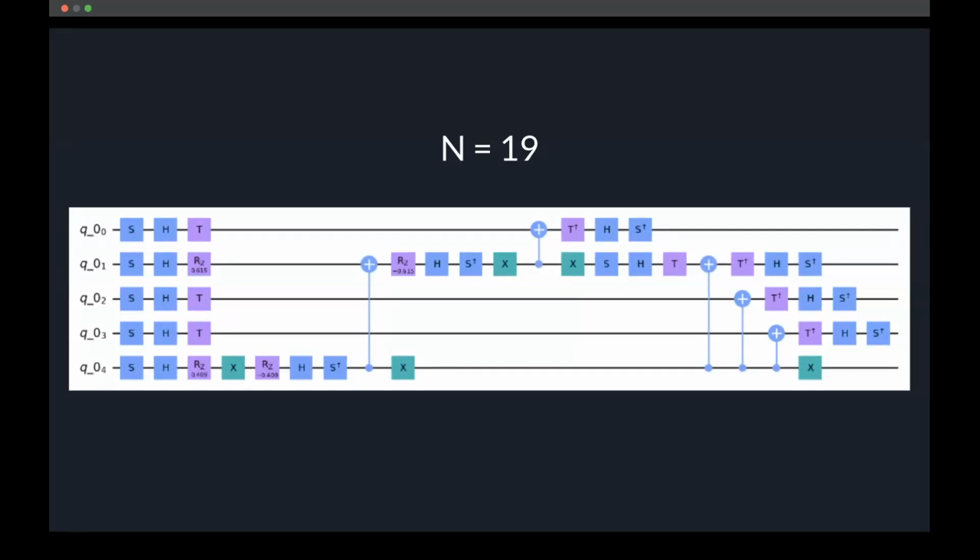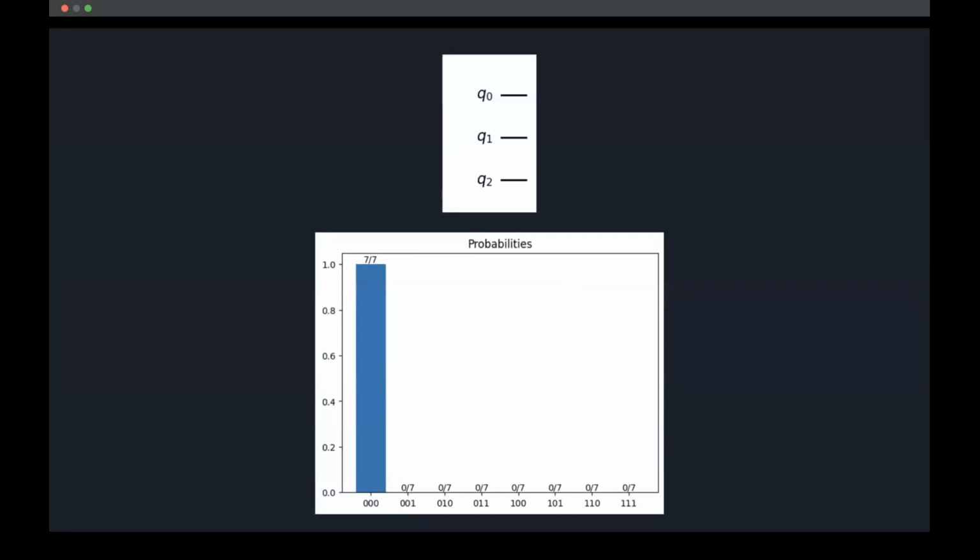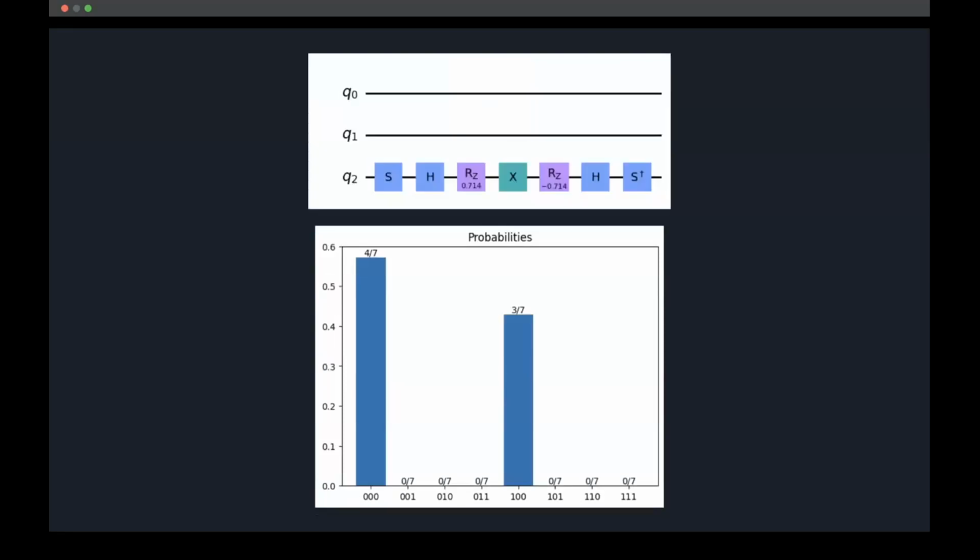I will explain why this is and how this algorithm works by walking through how it generates the circuit for n equals 7. We begin with an empty circuit. With this circuit, all of our qubits are in the 0 state. We first move 3/7 of the probability distribution from qubit 2 being 0 to qubit 2 being 1.